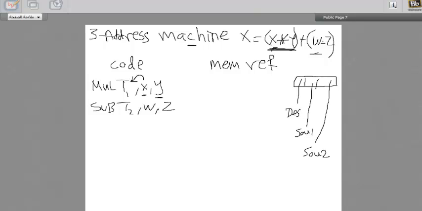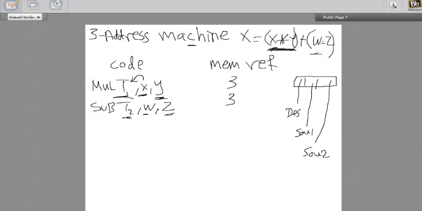Oh, I forgot about the memory reference. How many times do we need to access the memory now? It's 3 times. One to get the value of X, one to get the value of Y, and one to store the result inside T2. Similarly here, we need to get the value of W, then the value of Z, then store the value.